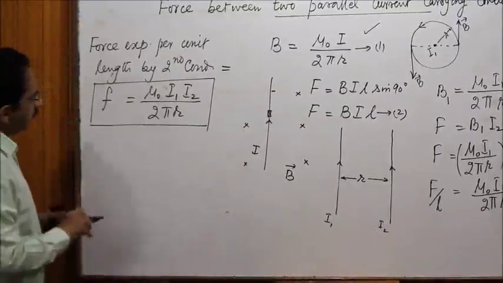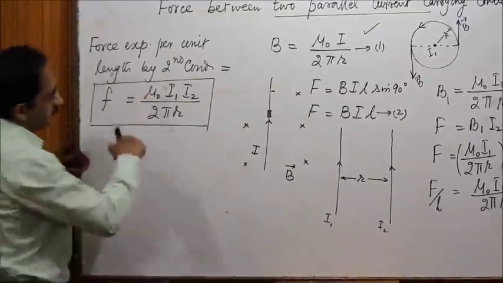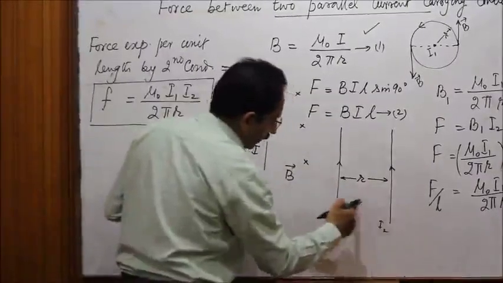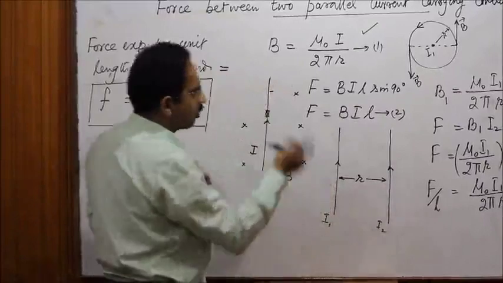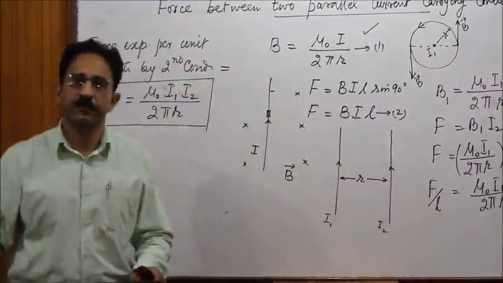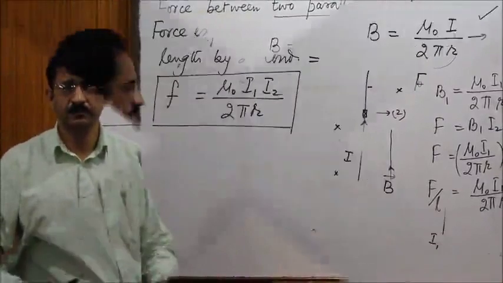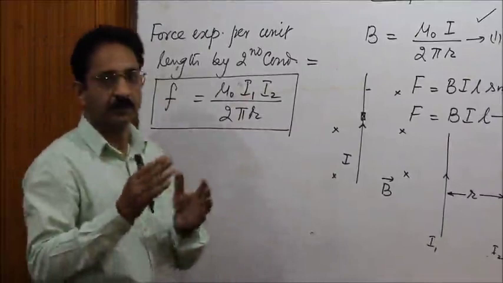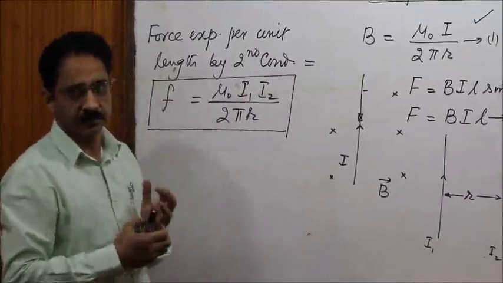Now what happens if I think of the converse way, that the second conductor is actually producing a magnetic field and the first conductor is soaked in that magnetic field, still the answer will remain the same. The answer will not change. Now as we see, if we interchange the two conductors, the force of interaction between them will not change.